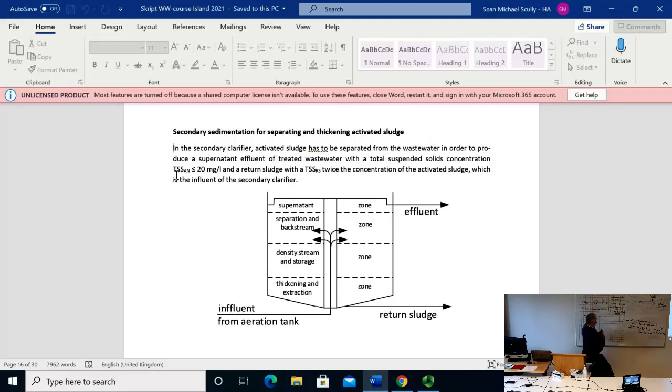Okay. So now we know our RS. And now we want to know our CTS-BB. And this we can get out of this solid balance.